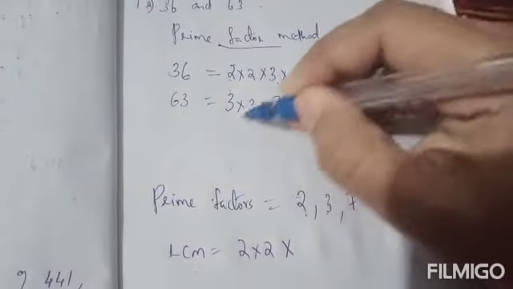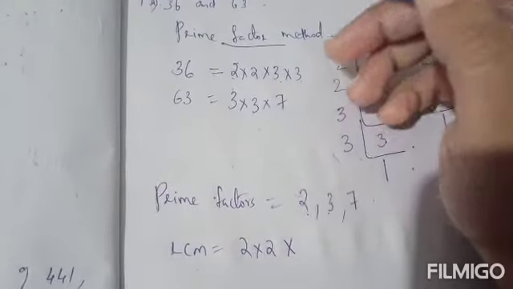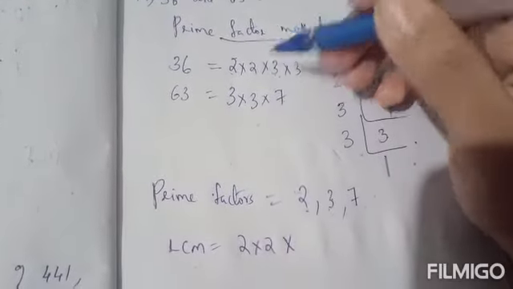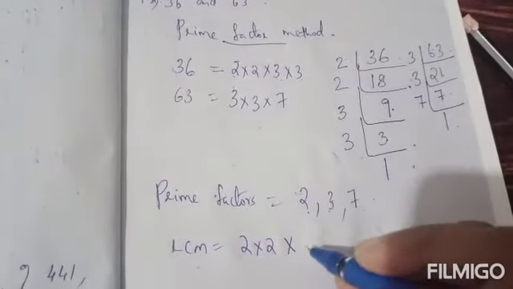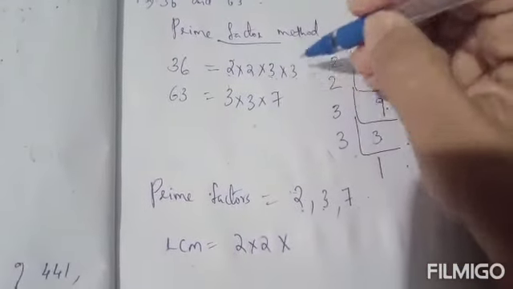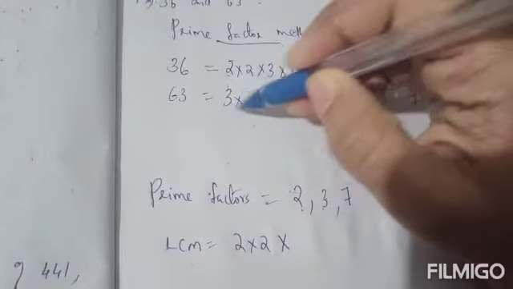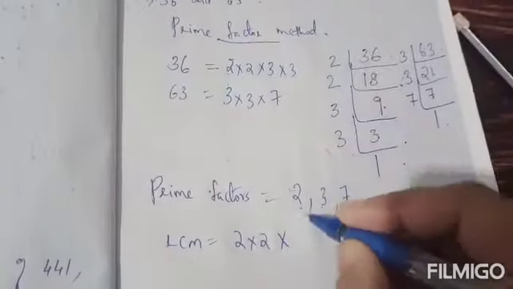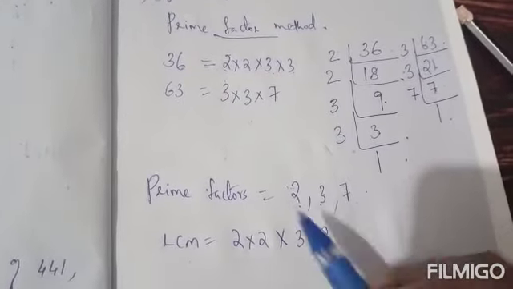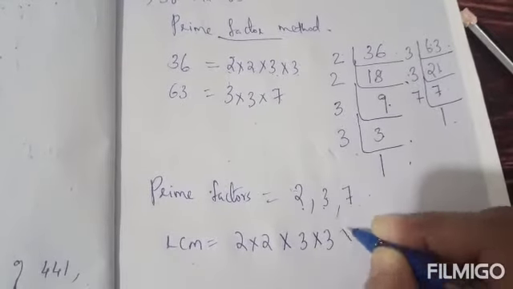So in such cases, if a prime factor comes an equal number of times in the given numbers, the same number of times it will come in the LCM also. So 3 will come 2 times in their LCM also. So 3 into 3 into.